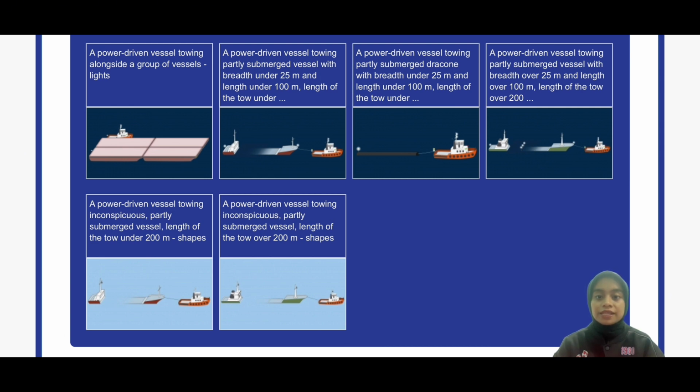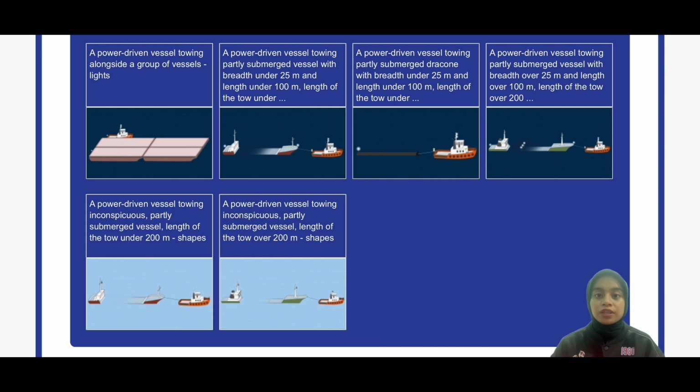A partly submerged vessel or object, or combination of such vessels or objects being towed, shall exhibit, if it is less than 25 meters in breadth, one all-round white light at or near the forward end and one at or near the after end, except that dracones need not exhibit a light at or near the forward end.